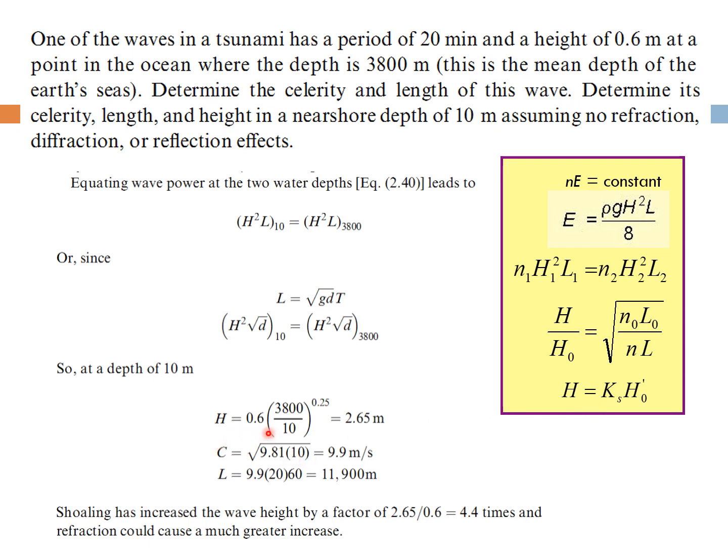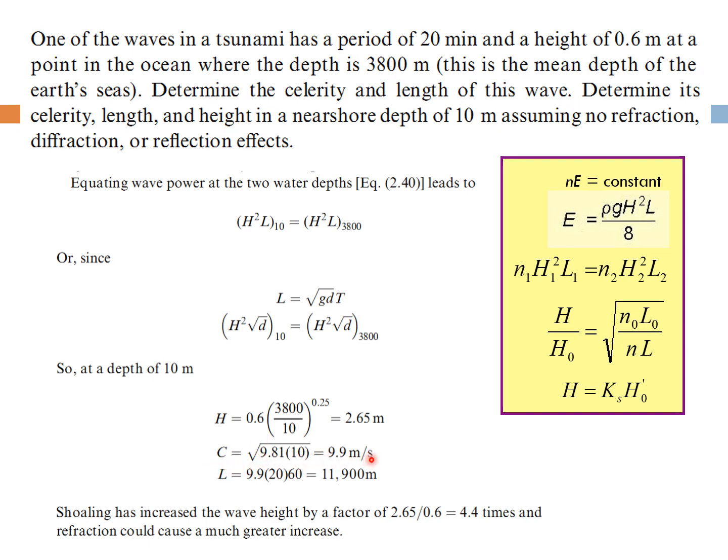So we found that if we substitute the water depth into the equation and the deep water wave height of 0.6, then the wave height at 10 meters is now 2.65 meters. Since we are able to apply c equals square root of g d, we can also find the celerity.